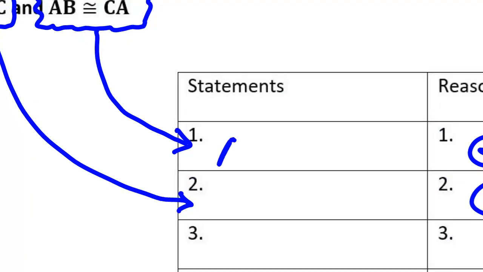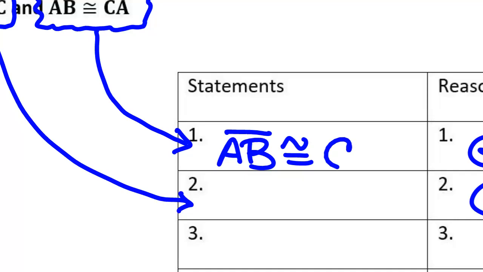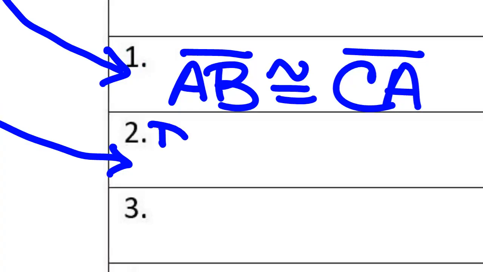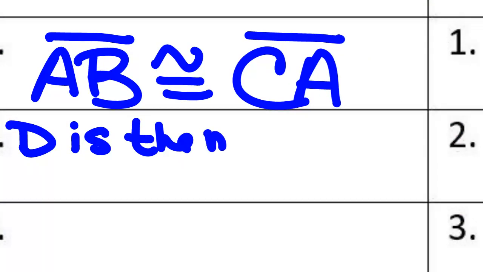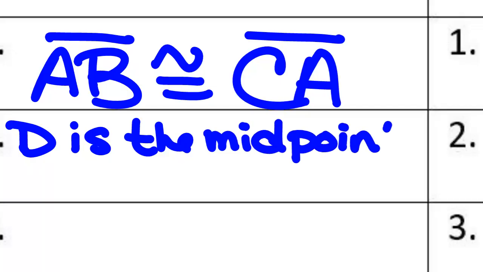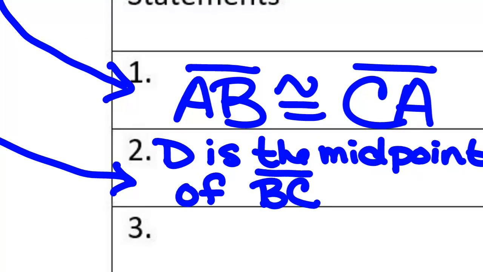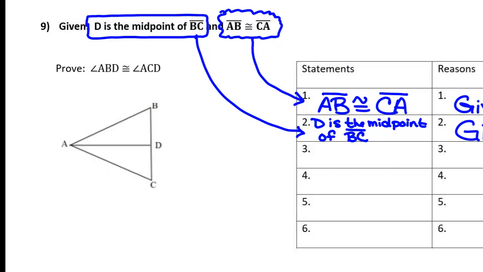So AB is congruent to CA, and D is the midpoint of BC. All right, none of that is marked up on my picture.